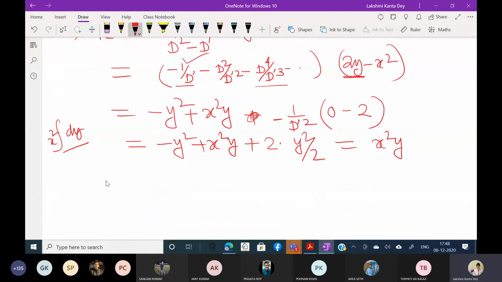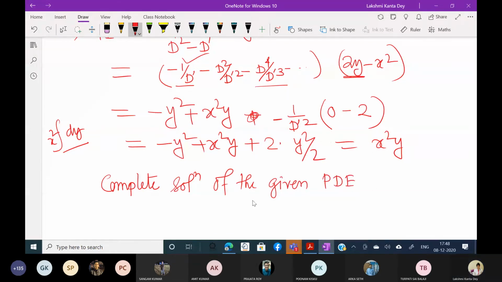So ultimately, the complete solution of the given PDE is Z is equal to ZCF, what it is?